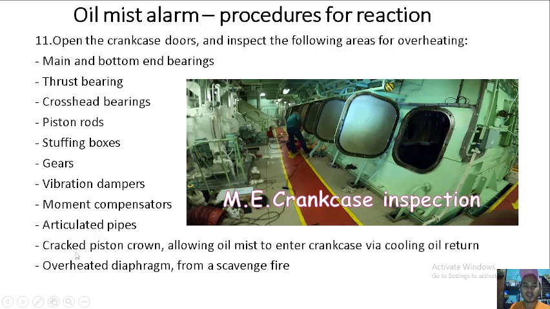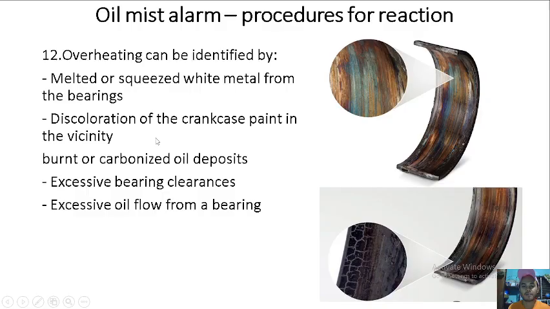Check for any cracked piston crown allowing oil mist to enter the crankcase via the cooling oil return, and overheated diaphragm from a scavenge fire. Check everything so that we will know where this oil mist alarm came from.